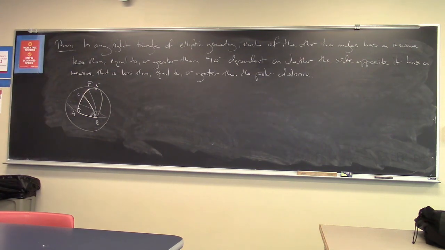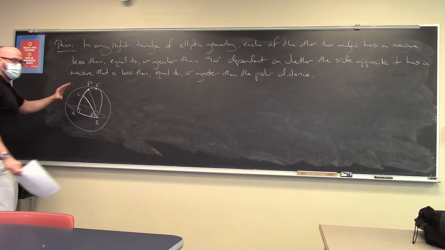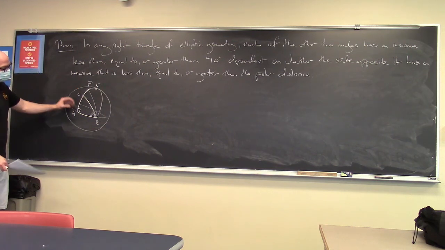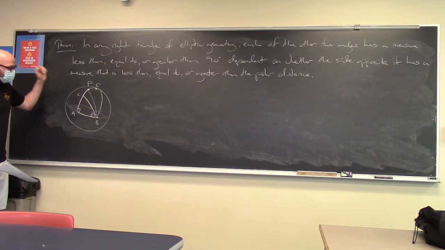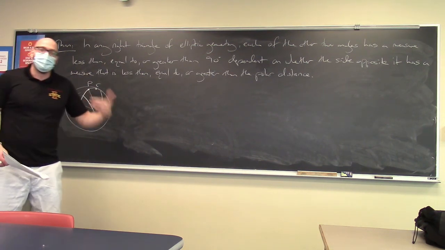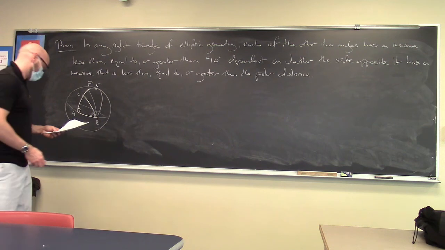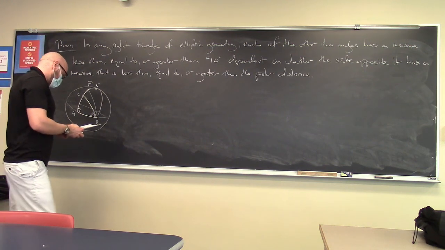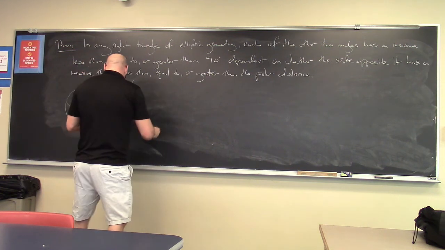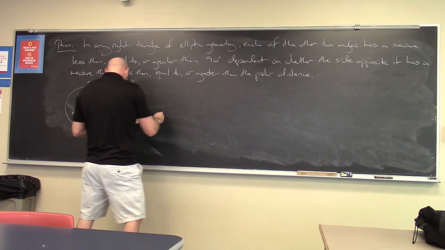So this is the observation that this theorem is making, and it's a really important observation when you're proving things: if I have a right triangle, and I know that one side is either less than the polar distance, equal to, or greater than, then I can tell you whether the angle opposite that side is acute, right, or obtuse. We only have 5 minutes, but I think we can prove this very quickly. It's really just making these observations.